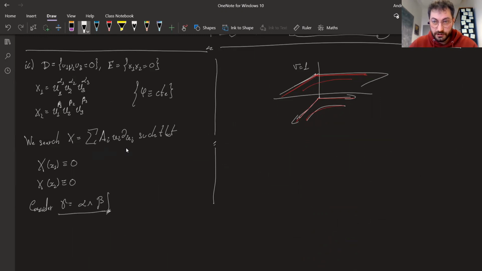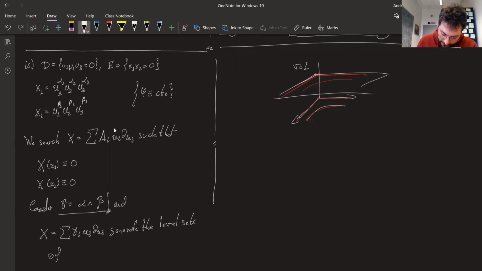In dimension 3, we can just take the vector product, and x given by the entries of this gamma, u_i d/du_i, generate the levels, the foliation, the level sets of phi equals constant. Now, this is going to be the vector field that is going to describe all of the level sets of the foliation.